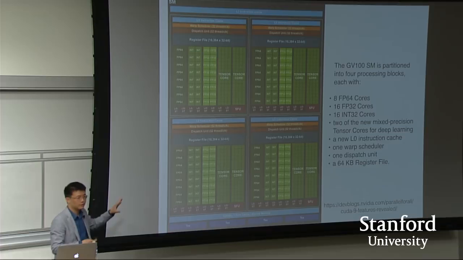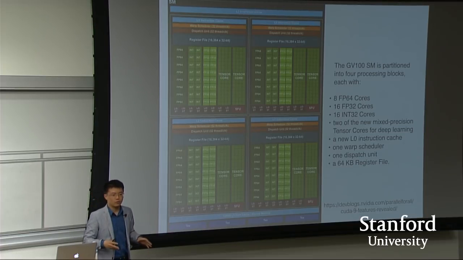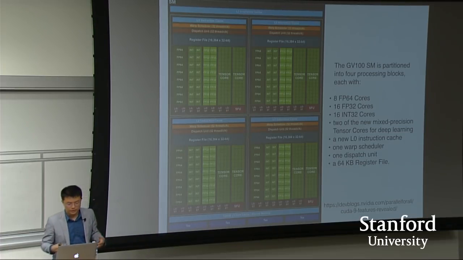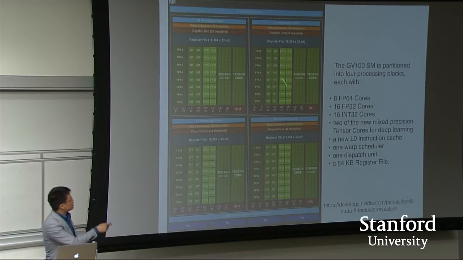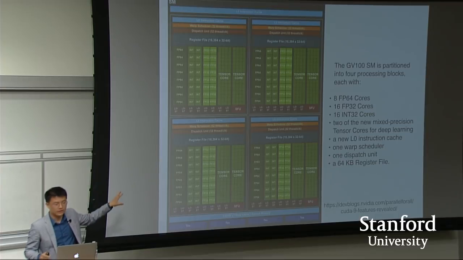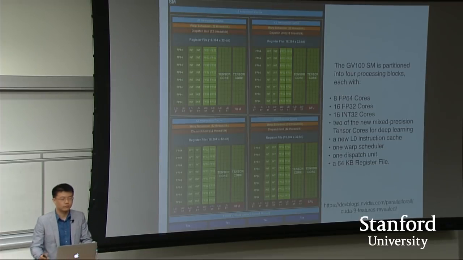This figure gives roughly an idea of what a tensor core is, what an integer unit is, and what a floating point unit is. This whole figure is a single SM, streaming multiprocessor. The SM is partitioned into 4 processing blocks: 1, 2, 3, 4.